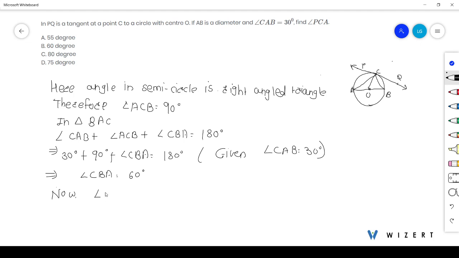Now angle PCA equals angle CBA, as these are the angles in the alternate segment, so these angles are equal.